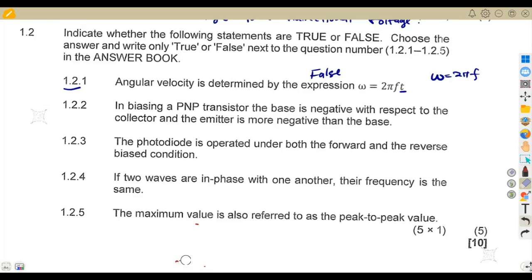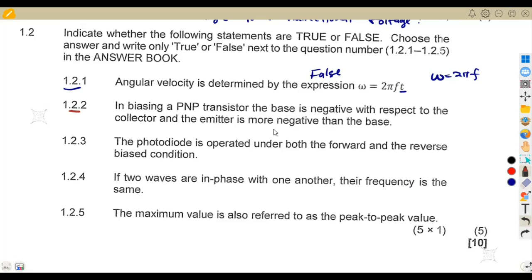All right, let us check the other one. In this case, 1.22: in biasing a PNP transistor, the base is negative with respect to the collector, and the emitter is more negative than the base.